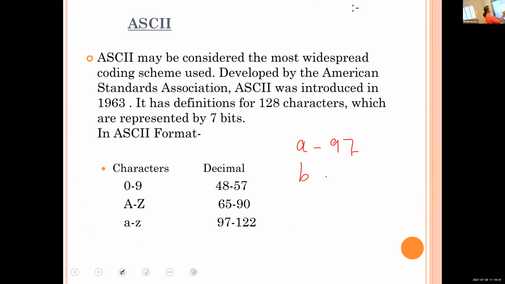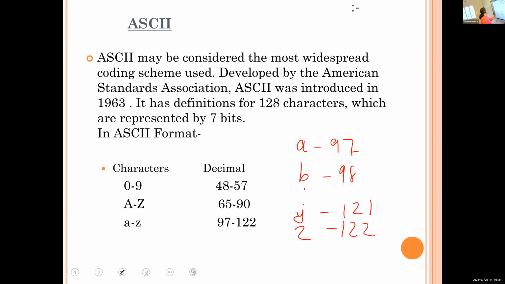Then Tom, what is the ASCII value of B? It is 98. Then Z is 122. Then what about small letter y? It is 121.